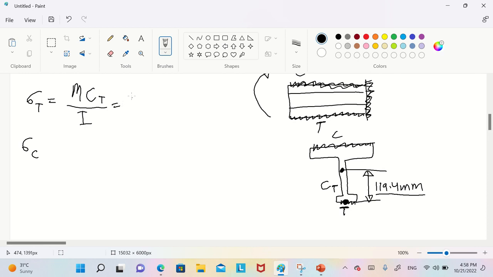So we put here, we have a moment 15 times 10 power 3.